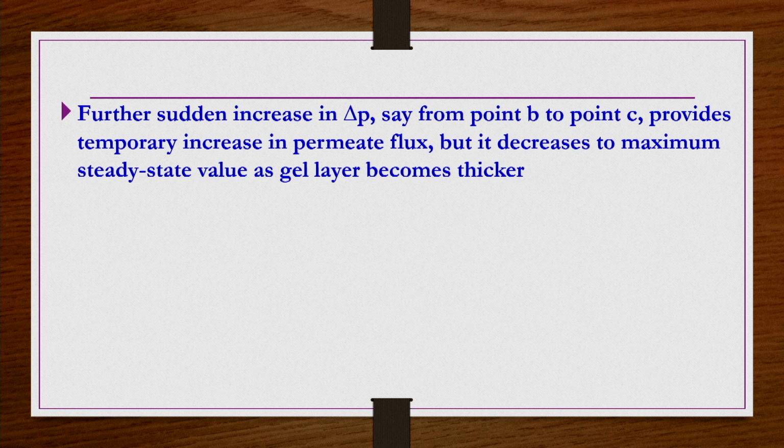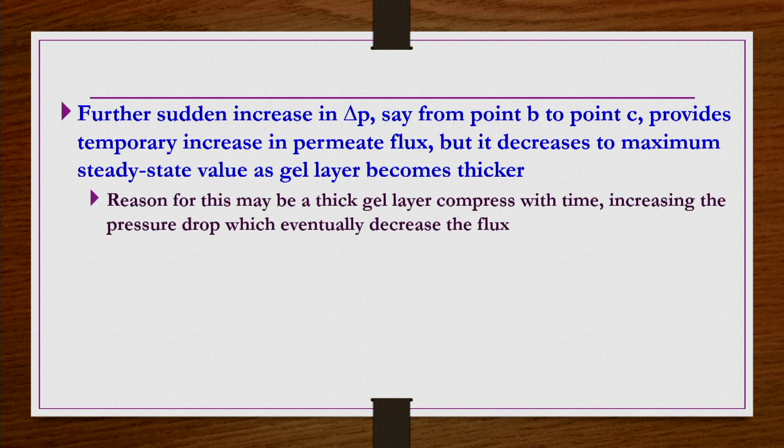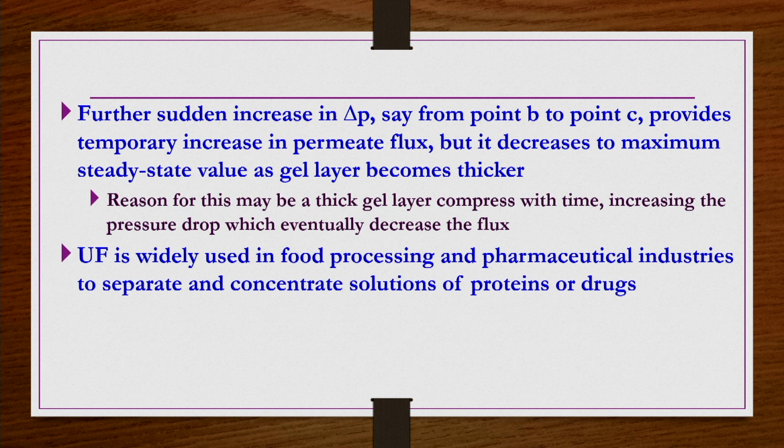Further, a sudden increase in delta P, say from that point B to C in the picture we have seen, provides a temporary increase in permeate flux, but it decreases to the maximum steady state value as the gel layer becomes thicker, because a thick gel layer compresses with time and increasing the pressure drop would eventually decrease the flux only.